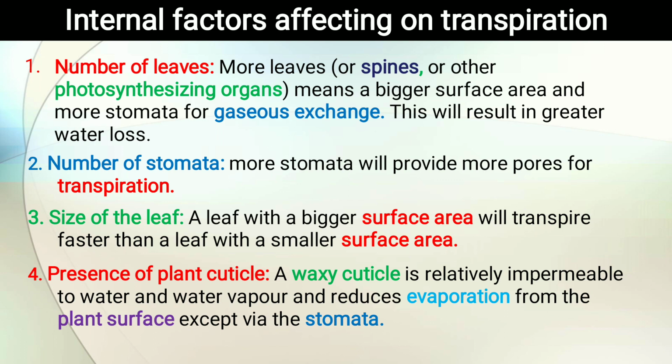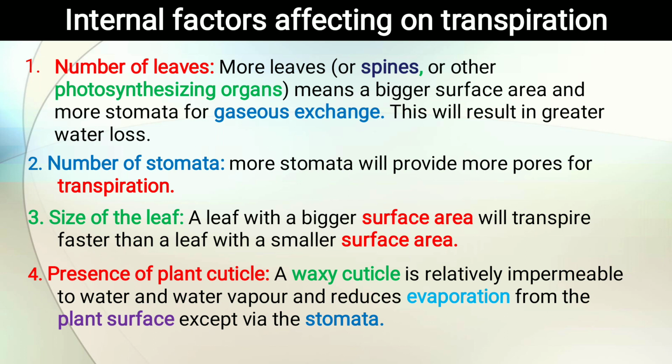Small tiny leaves do not give more transpiration. Second one is the number of stomata. More stomata will provide more pores for transpiration. This is also a factor influencing transpiration.